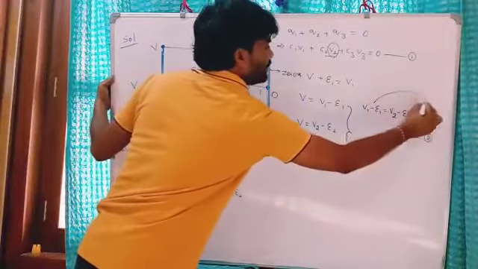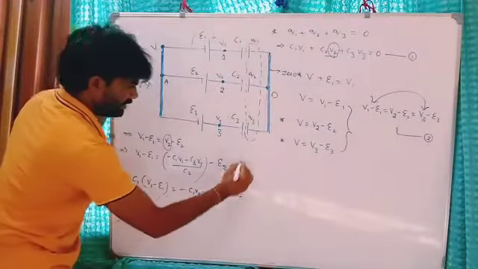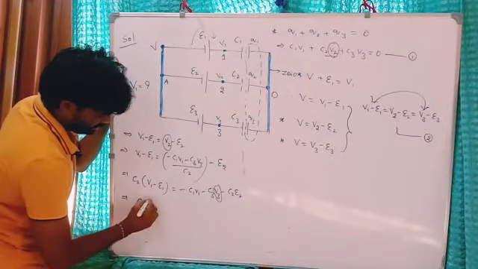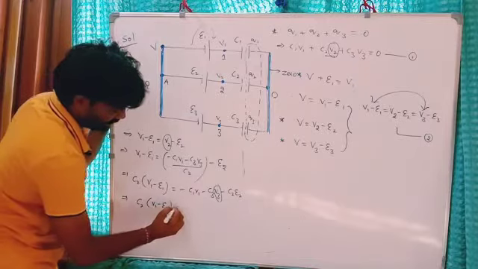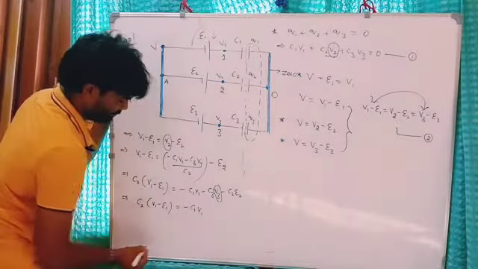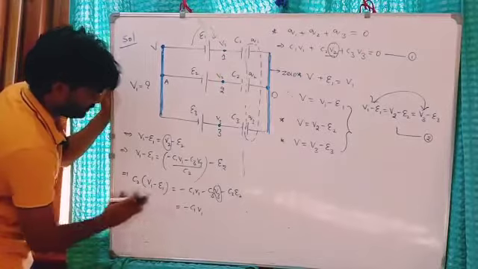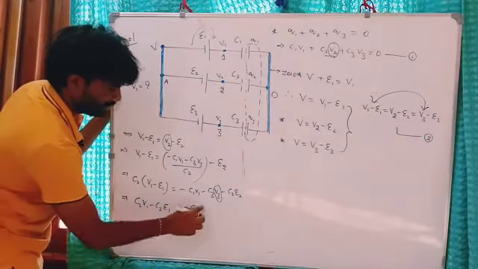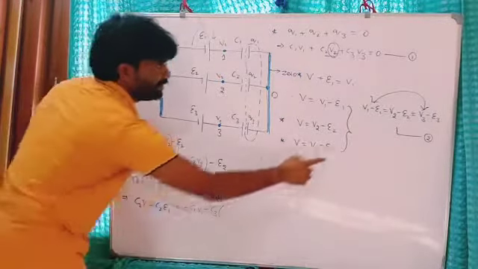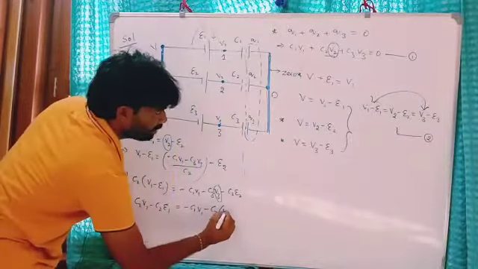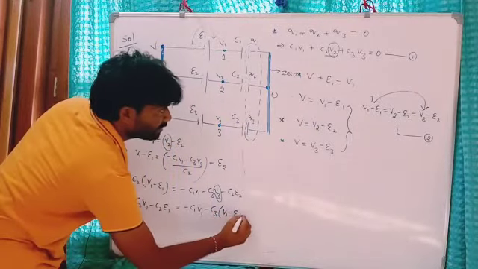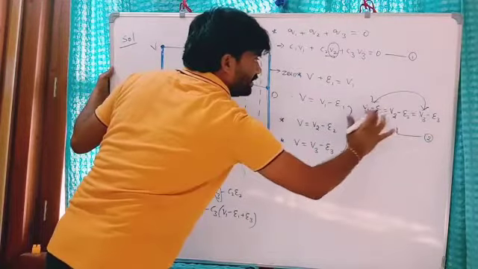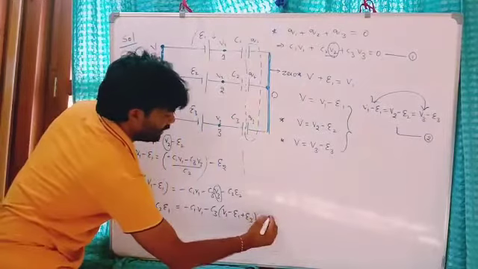Equate these two. From that you get C2 V1 minus C2 E1 equals this minus C3 V3. From this, V3 is V1 minus E1 plus E3, from relation 2, and it gives minus C2 E2.